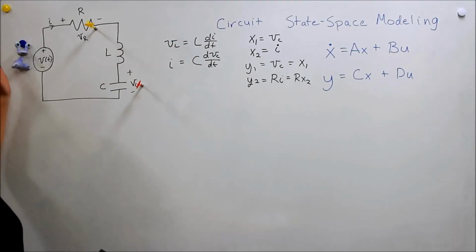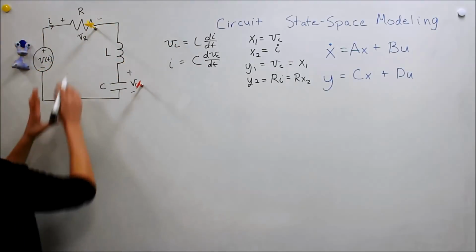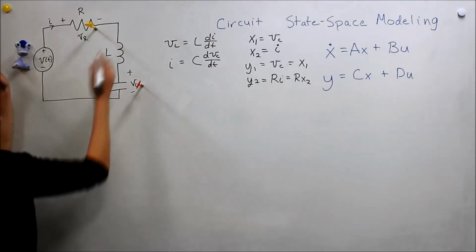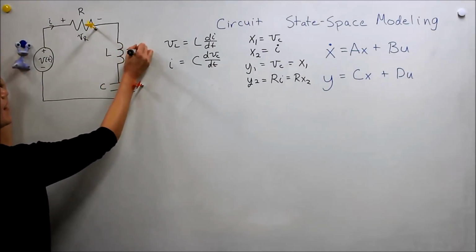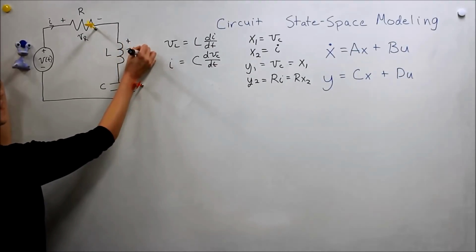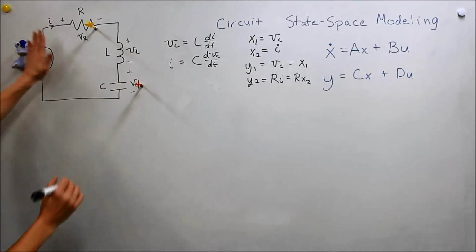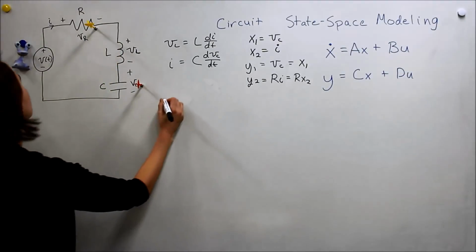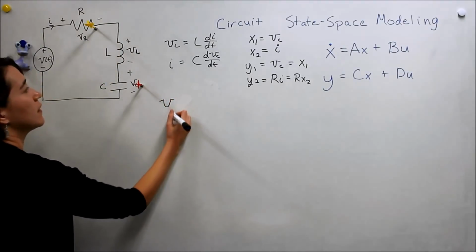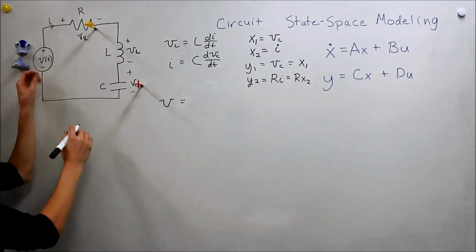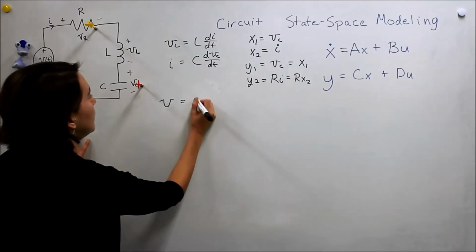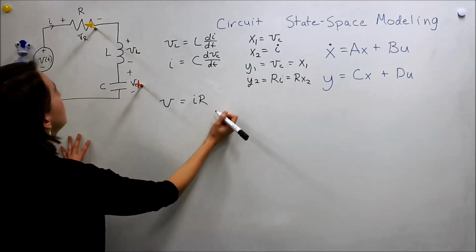But if we look at summing up all of these voltages, so if you do KVL, we know this voltage has to be equal to the sum of these voltages. So let's write that down. We have V, and I'm going to drop the of T's here again. So V, our input, is equal to IR, right?